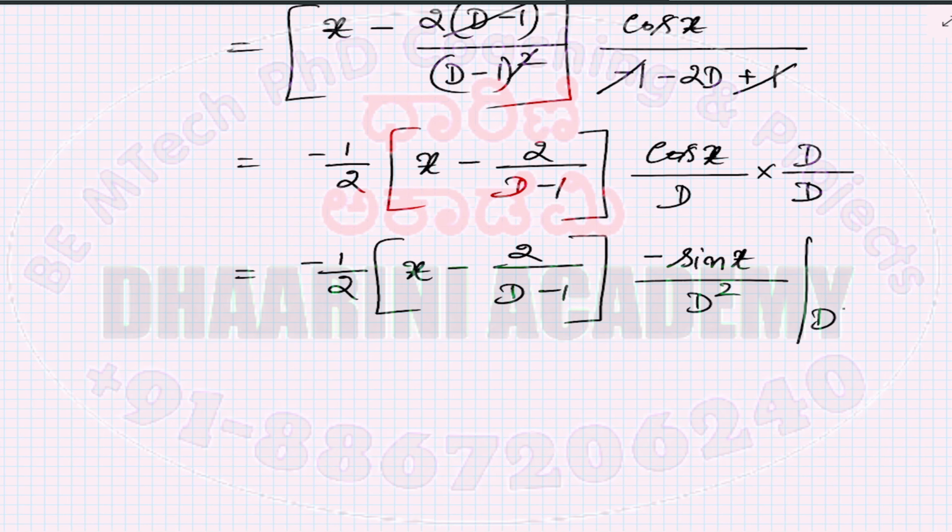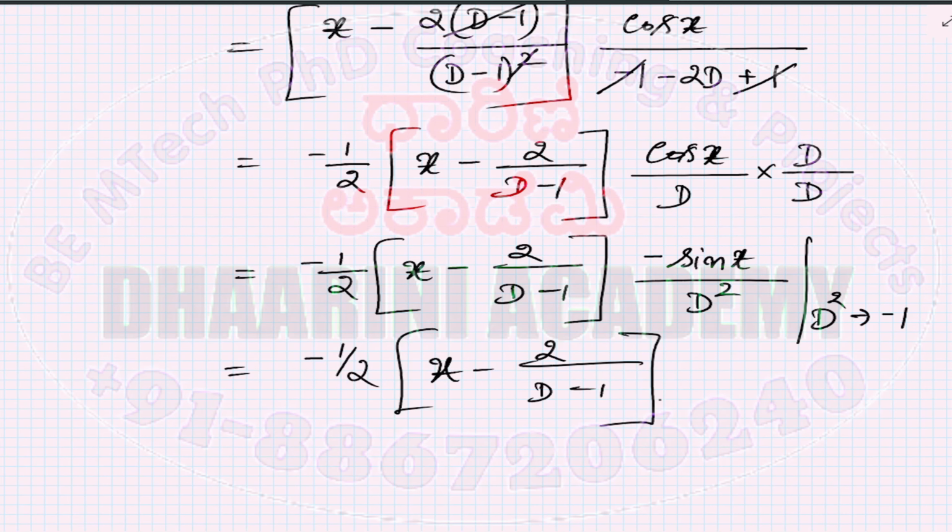So what I am supposed to do, replace D square by minus 1. So this is minus 1 by 2, this is x minus 2 over D minus 1 into minus of sin x by minus 1. The minus minus will cancel.